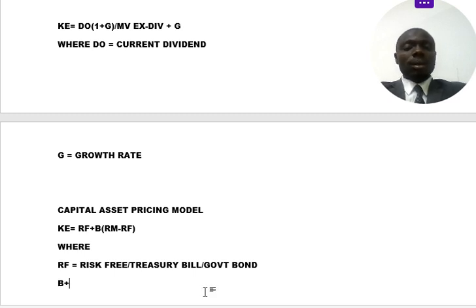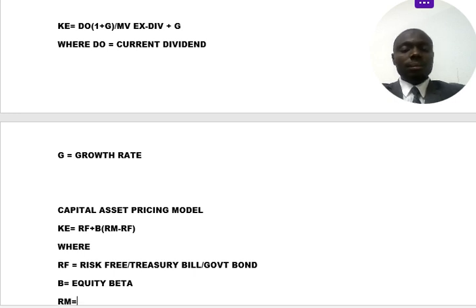B is the equity beta. When we get to portfolio theory, we are going to explain the meaning of equity beta, most especially when equity beta is less than 1 or greater than 1. What is the implication on the firm? When we get to portfolio theory, we will dissect that.